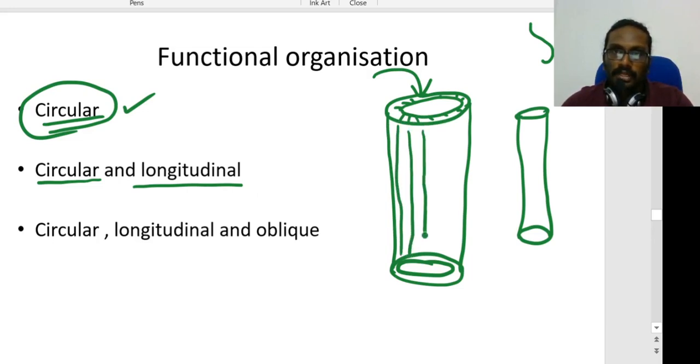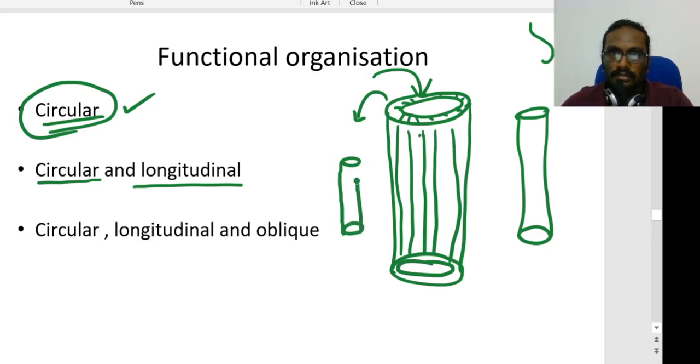Smooth muscles would be arranged in this way. What is the advantage of that? When these longitudinal muscles and circular muscles contract, the same would become like this. It will also narrow and it will also shorten in length.